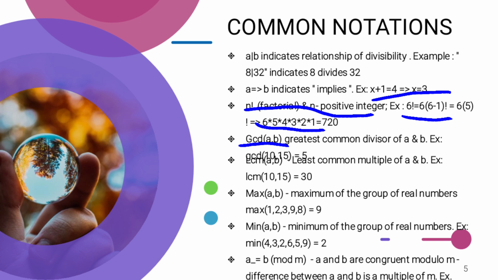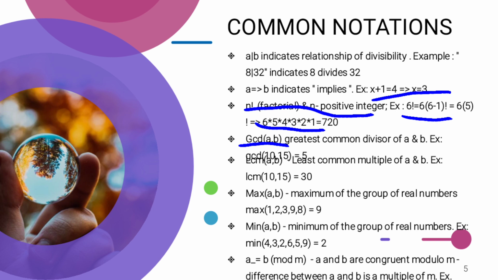And LCM of A comma B is the least common multiple of A and B. That is, choose a multiple. For example, if we take LCM of 10 and 15, multiples of 10 are 10, 20, 30, 40, etc. Multiples of 15 are 15, 30, 45, etc. So you should choose the multiple which is common to both, and it should be the smallest number that is a multiple of both 10 and 15.